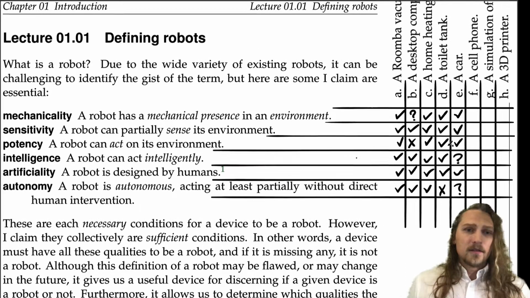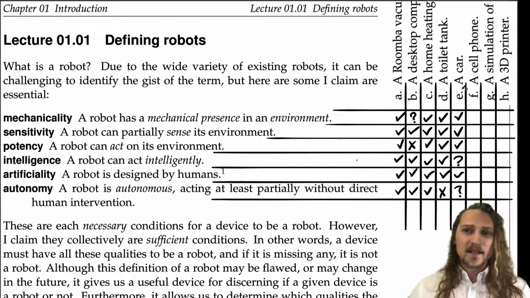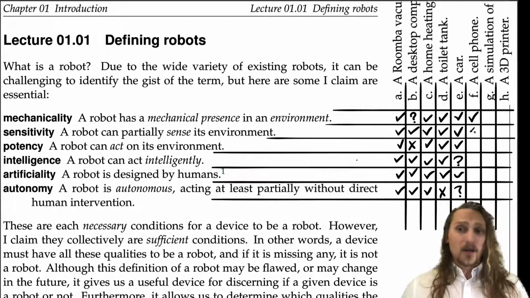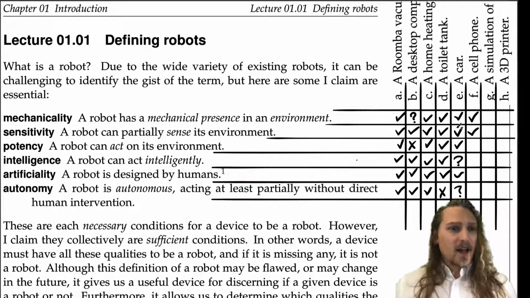A cell phone, okay, has a mechanical presence. It's marginal here. It's just a brick that sits there for the most part. Sensitivity, there are usually accelerometers on a cell phone. Potency, can it act on its environment? Not really. A cell phone can make noise, which is a very minimal mechanical act.